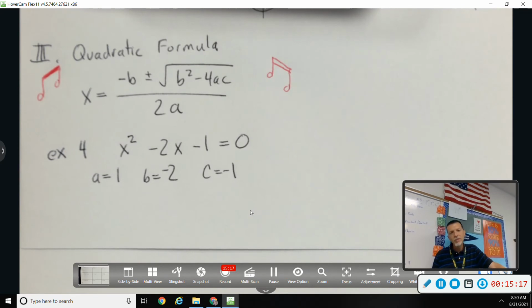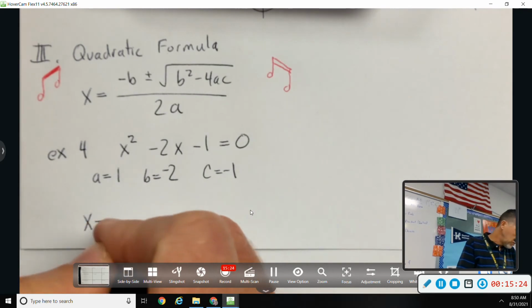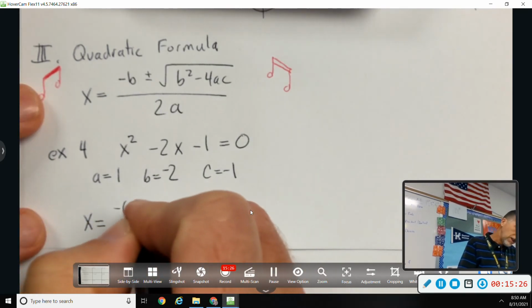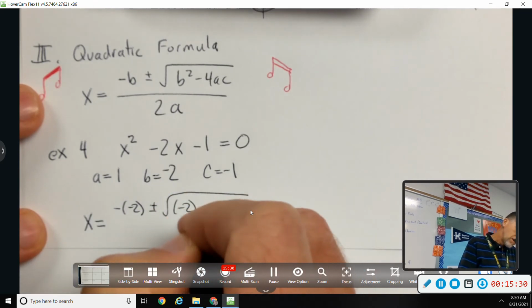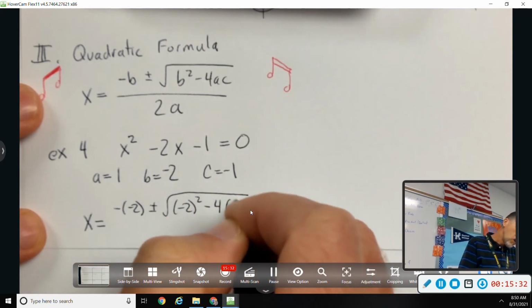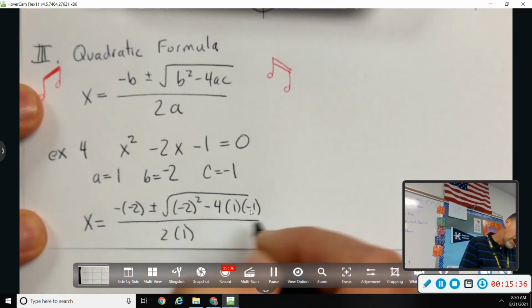But first time through, let's slow it down a little bit. So x equals negative b plus or minus the square root of b squared minus 4ac all over 2a.